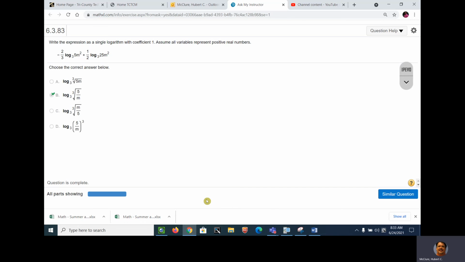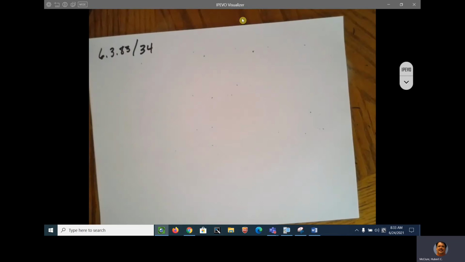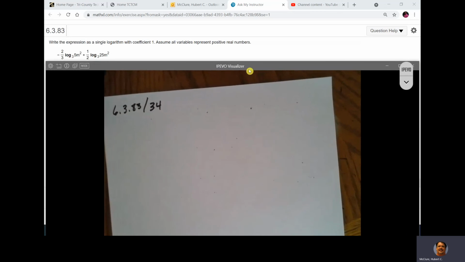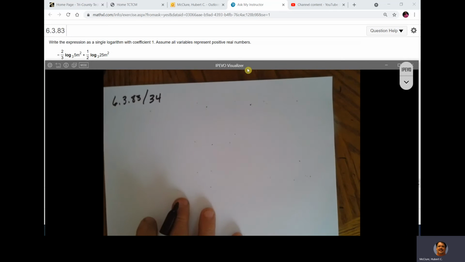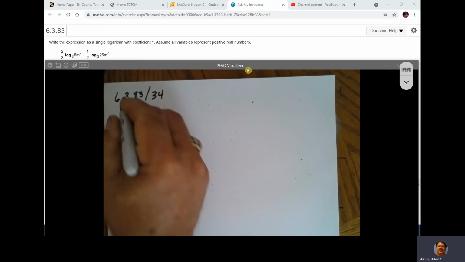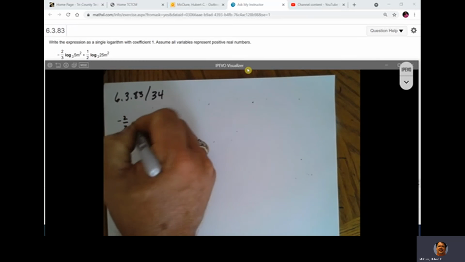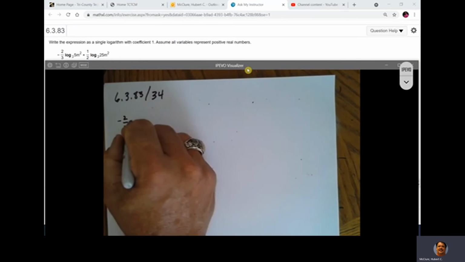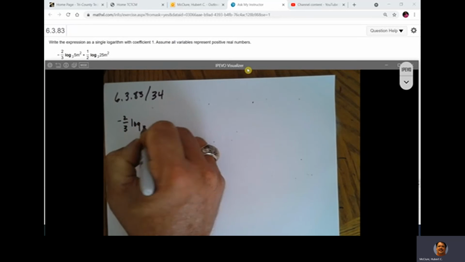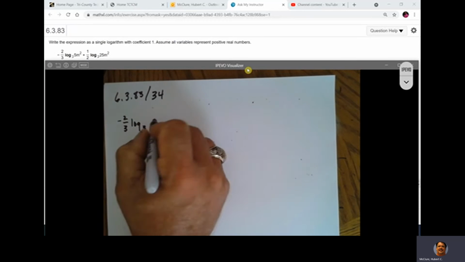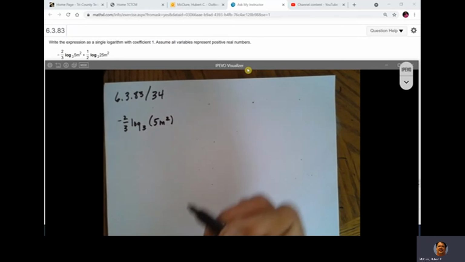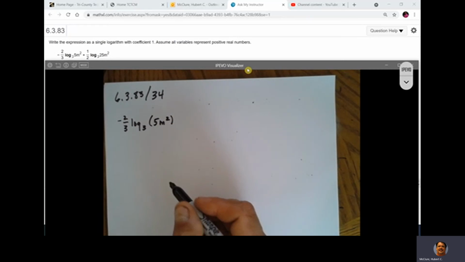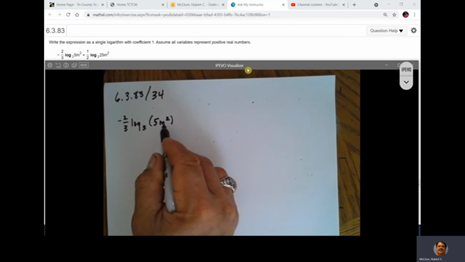So this one says, I'm going to write it down. This one says negative 2/3 log base 3 of (5m squared). Now, why did I put parentheses around that? Because that's what you're taking the log of.